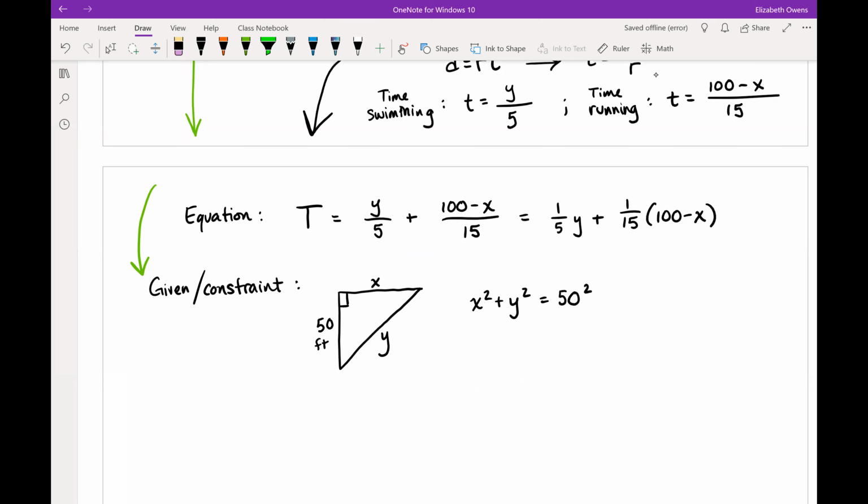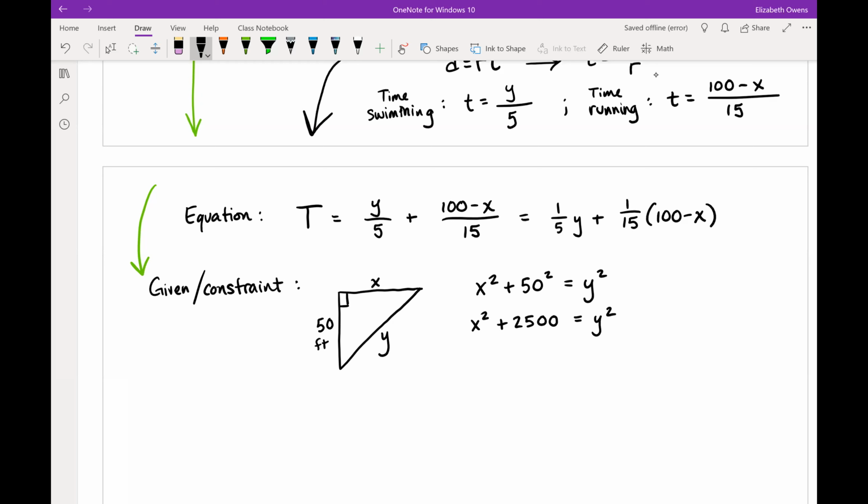Let's back that up just a second. Because 50 is not the hypotenuse. Y is the hypotenuse. So the Pythagorean theorem for this should actually be set up as x squared plus 50 squared equals y squared. Thankfully, I did not get too far with that. I double checked myself before I wrecked myself.